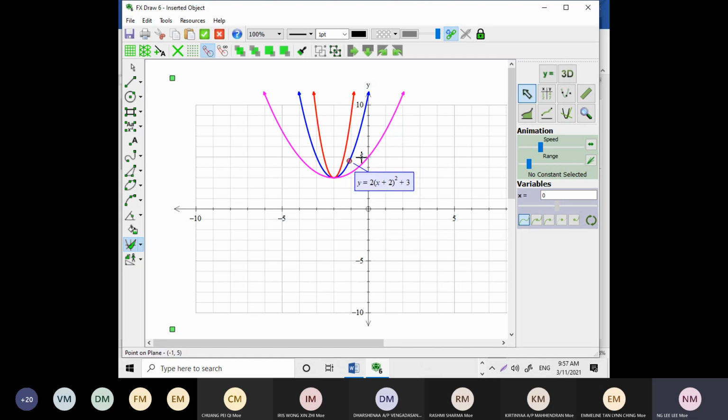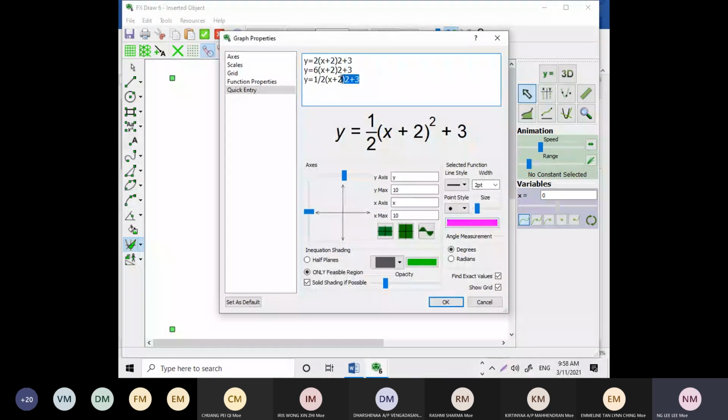I still have 3 more minutes. I will show you part B and C. This one is what? This is 2. Then this is 6.